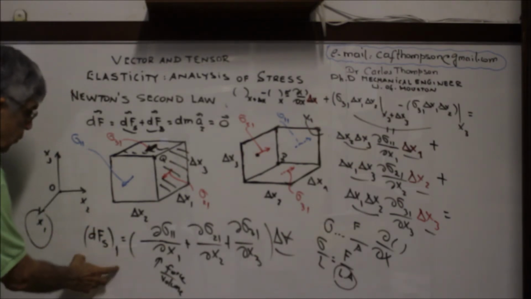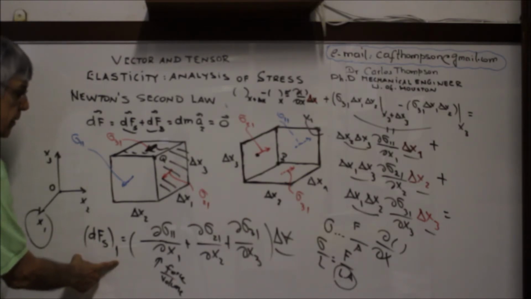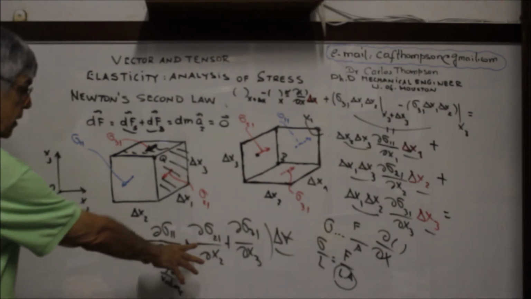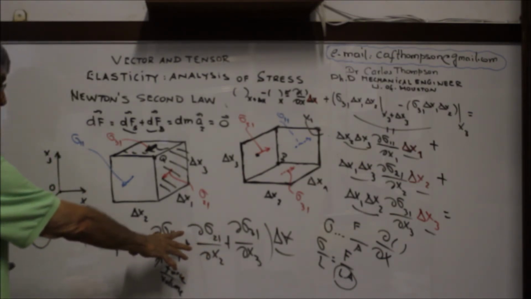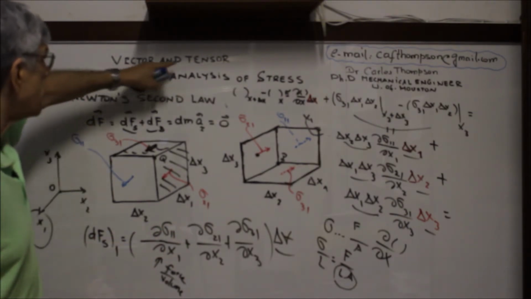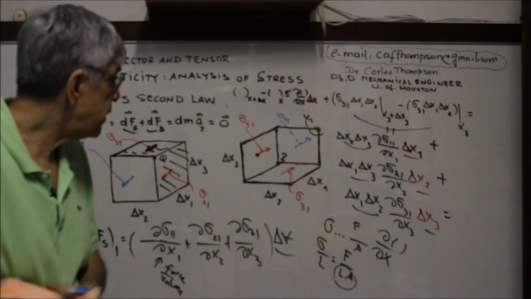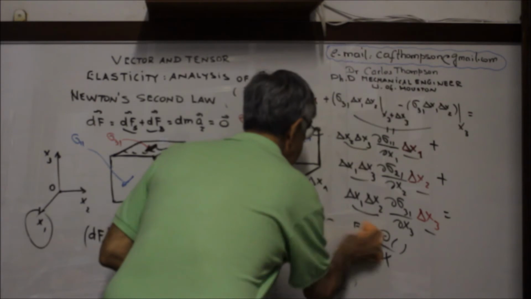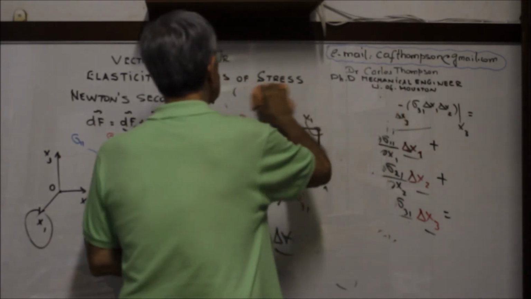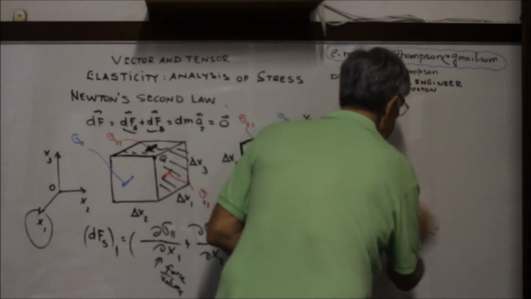Now we want to obtain dfs2. Now I can write down here using tensor notation. Don't forget our course is vector and tensor. So I will write it fast and quickly like that.